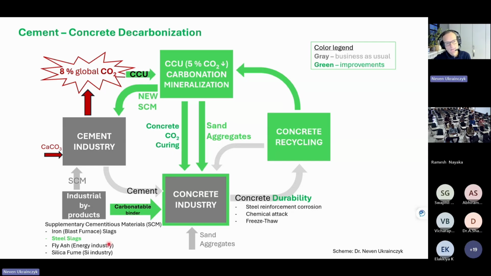So yeah, steel slags, we have quite a lot of it. I don't know exactly the number in my head, but it's also a growing amount. So yes, but you are right, the quantity is very important. I agree.